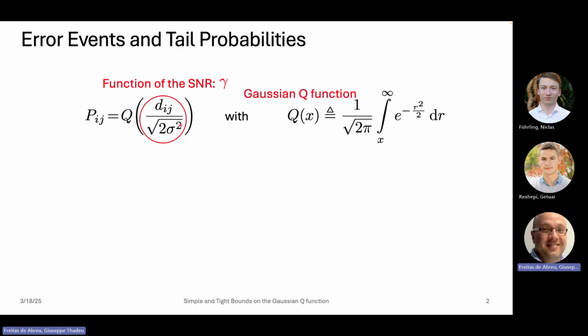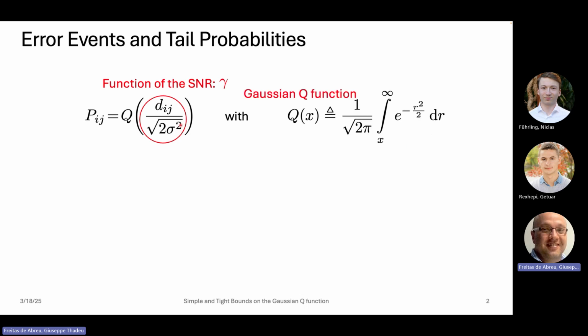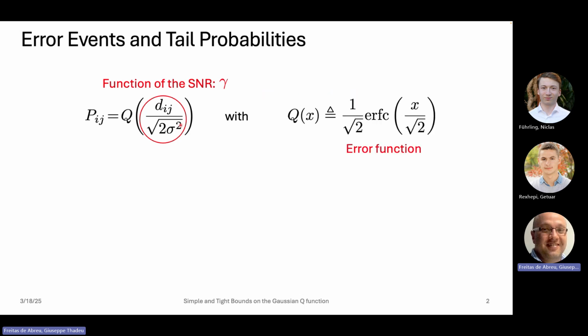Okay, so again, the Gaussian Q function is just another way for you to write the error function. So from here on, when we start talking about bounding the Gaussian Q function, we are also simultaneously talking about bounding the error function. And of course, by complement, we can also bound the complementary error function.